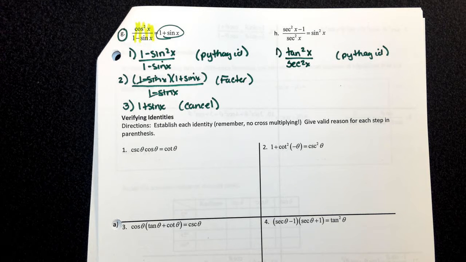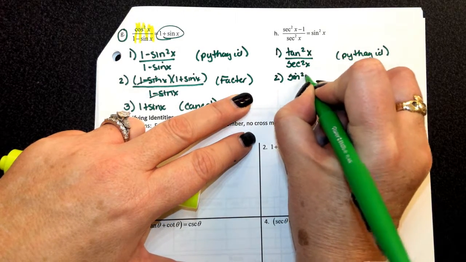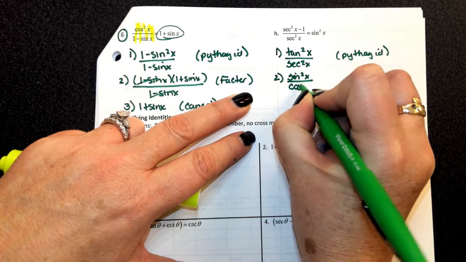Notice where you're trying to get to. You're trying to get to a sine squared. So this is where the next best strategy to do, try changing everything into sines and cosines. So I know tangent squared is equal to sine squared x divided by cosine squared x.